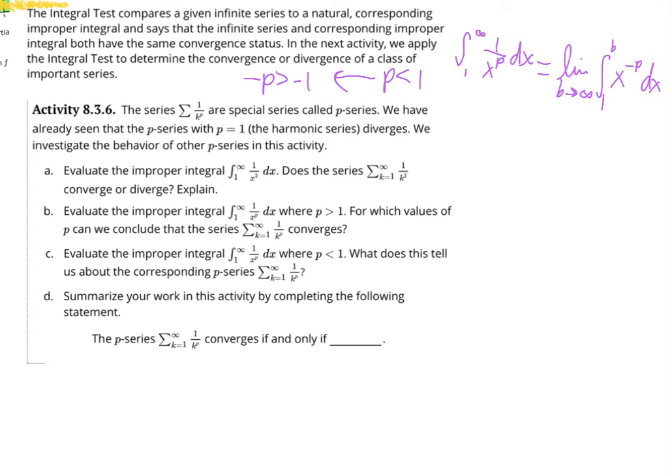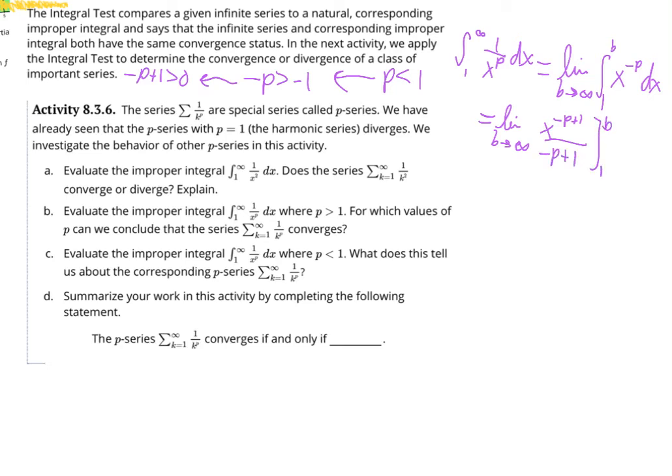And we know we're about to add 1 to that exponent because we're going to apply the antiderivative power rule, which means we're going to get that negative p plus 1 is greater than 0. In other words, the new exponent is going to be positive.